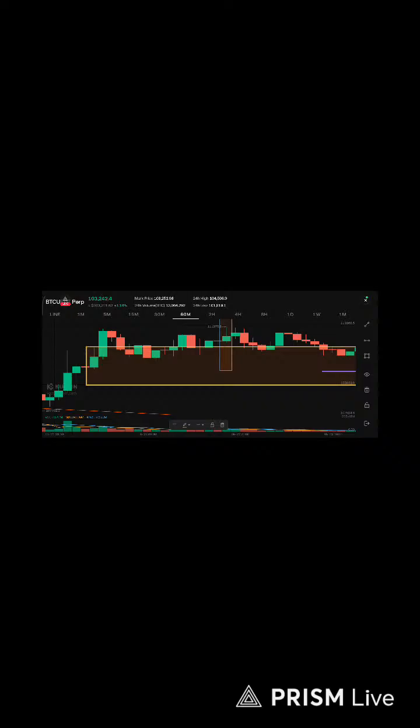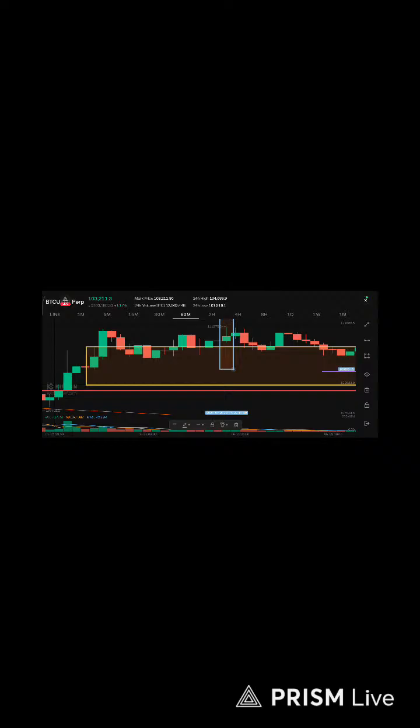The one in the blue triangle, which I'm enlarging here, is what I refer to as the shooting star candlestick pattern.